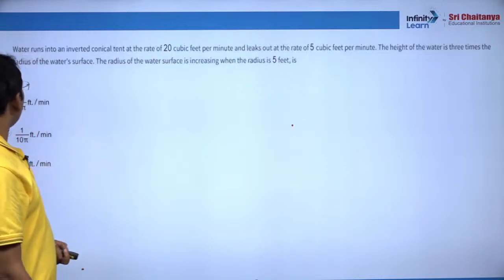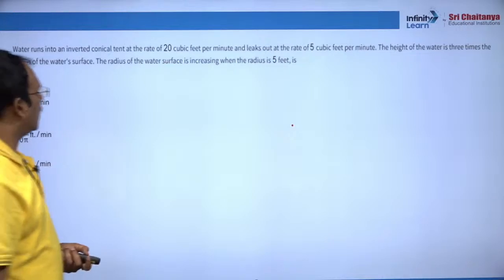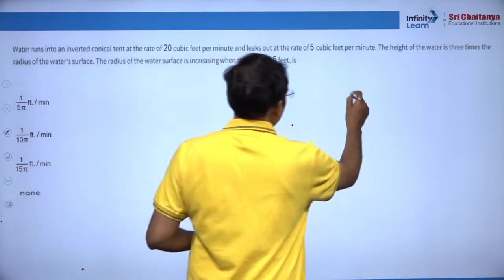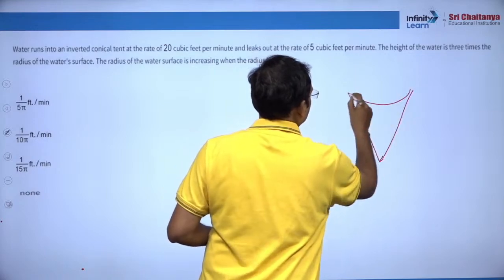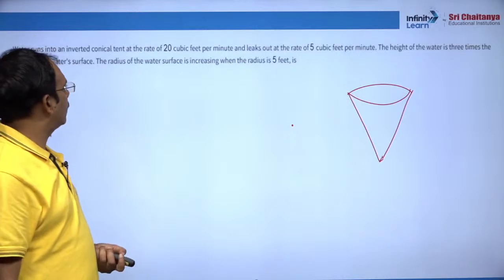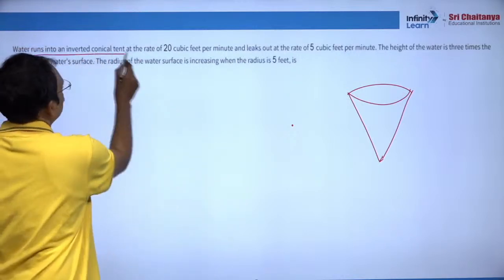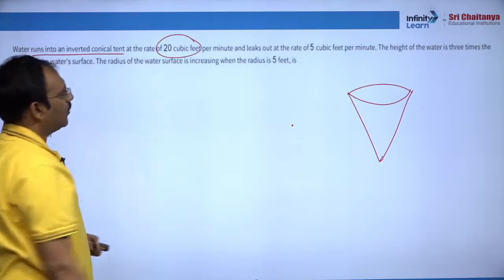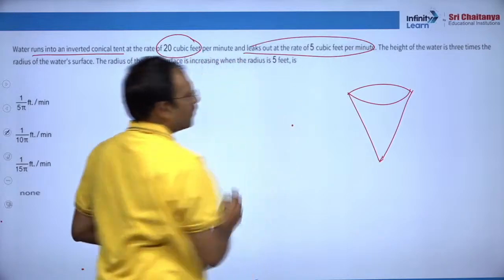Next, water runs into an inverted conical tent at a rate of 20 cubic feet. You see, this is a conical vessel kind of. Water runs into this at 20 cubic feet per minute and leaks out at the rate of 5 cubic feet per minute.